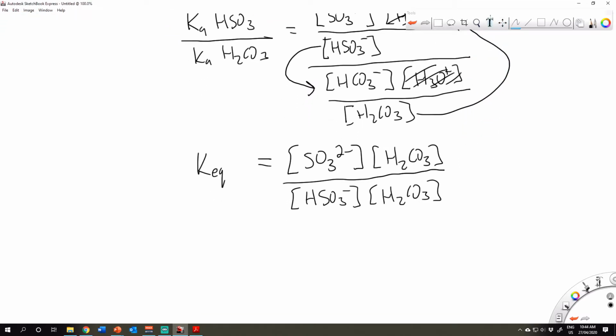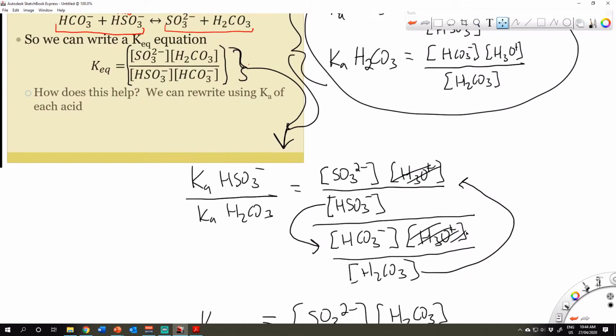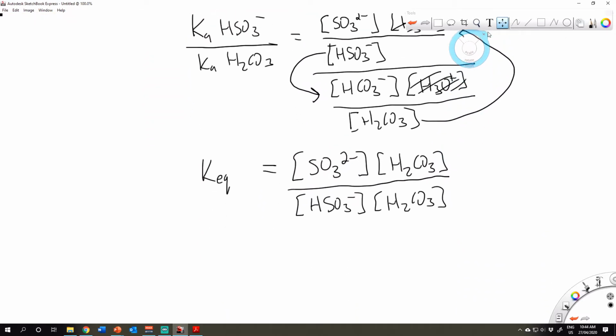Some of you are probably wondering, well, that's silly, we just proved that equation. Yes, but more importantly, we came up with this relationship where the KEQ is equivalent to the Ka of my reactant acid, the HSO3-, divided by the Ka of the product acid. Now, how does this help us?